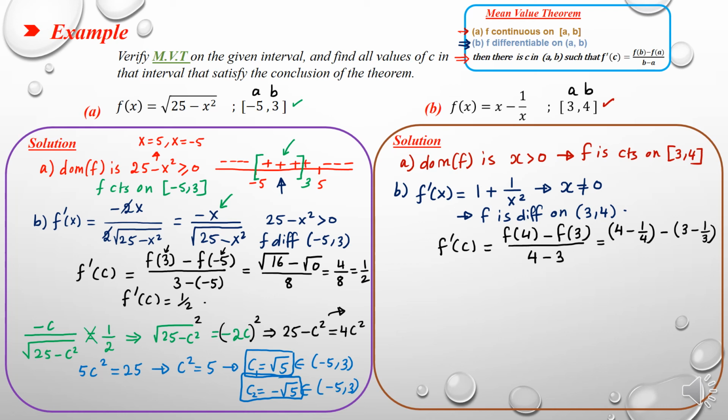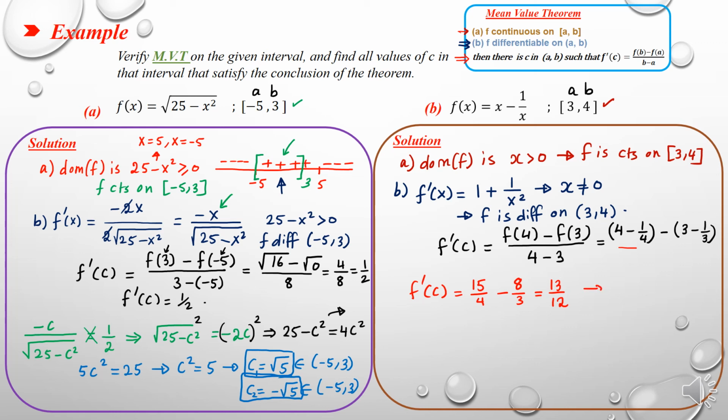So no need to write it in the denominator, and you will get that f prime of C equals 4 minus 1 over 4, which is 15 over 4, minus 3 minus 1 over 3, which is 8 over 3, and by rationalizing the denominator you will get 13 over 12.